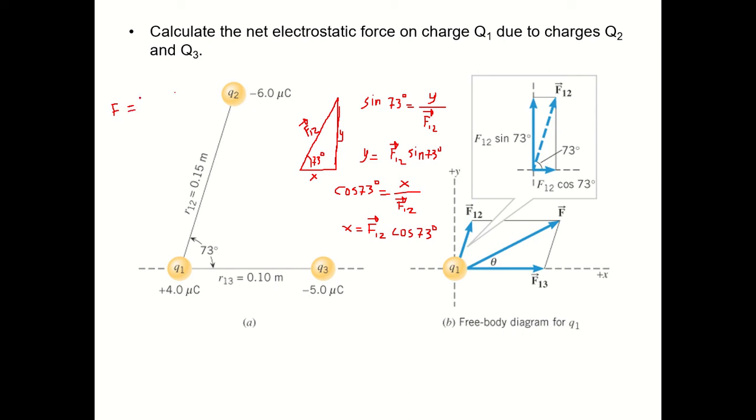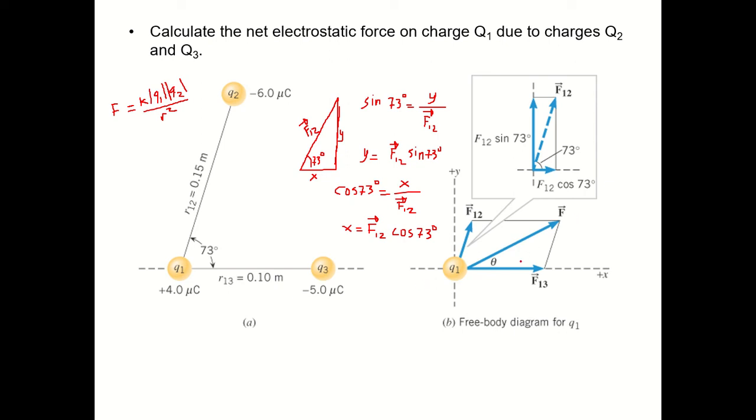F equal to K times Q1 Q2, the absolute value of this, divided by R squared.